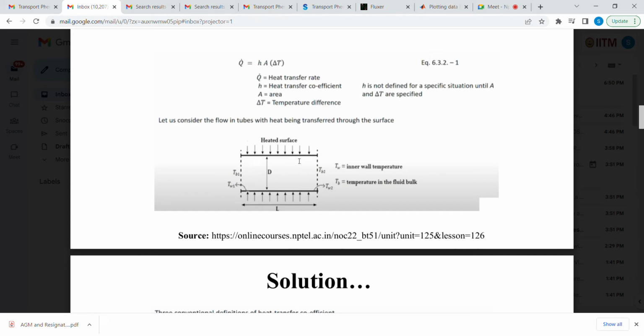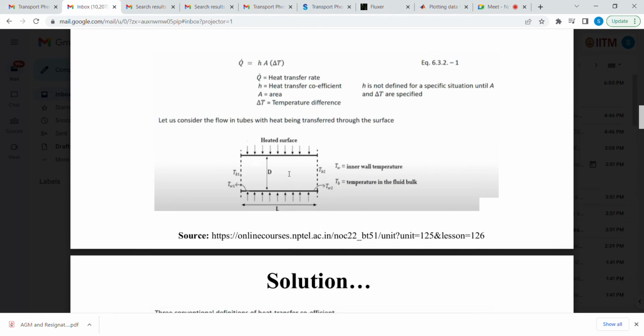This is the heated surface, and this is the temperature of the wall, and this is the bulk temperature. As you know, the wall temperature is always going to be different from the bulk temperature, right? Because that's how heat transfer occurs: it occurs layer to layer.